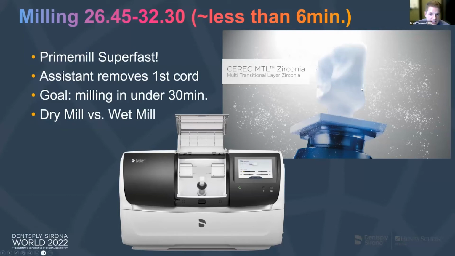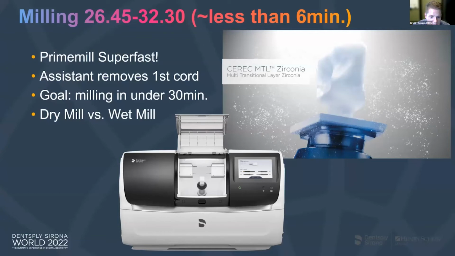So this case exactly was from minute 26:45 to minute 32:30, so it was under 6 minutes to mill this posterior molar. And I started milling at the 26-minute mark. So again, if you want to make that hour crown mark, you've got to get that in the mill under 30 minutes. And so I got it in at 26:45.